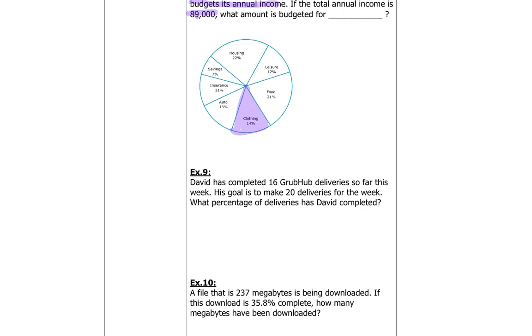If we said clothing, that's 14%. If we said how much of it's budgeted for housing, well, that's 22%. If we said we were looking for how much of it is in insurance, well, that's going to be 11%. So whatever they tell us we're going to do for, we'll talk about this in class.